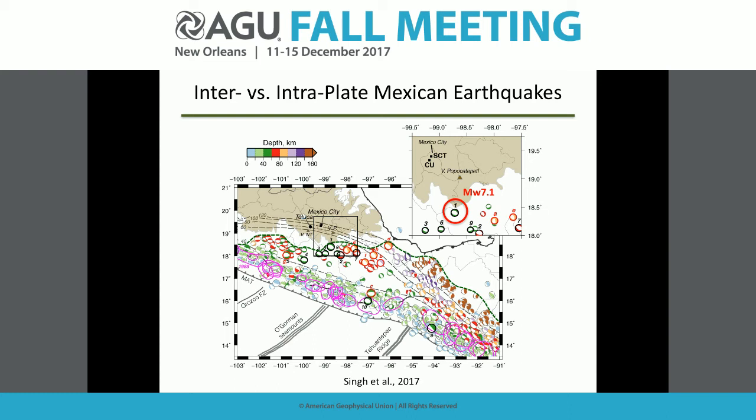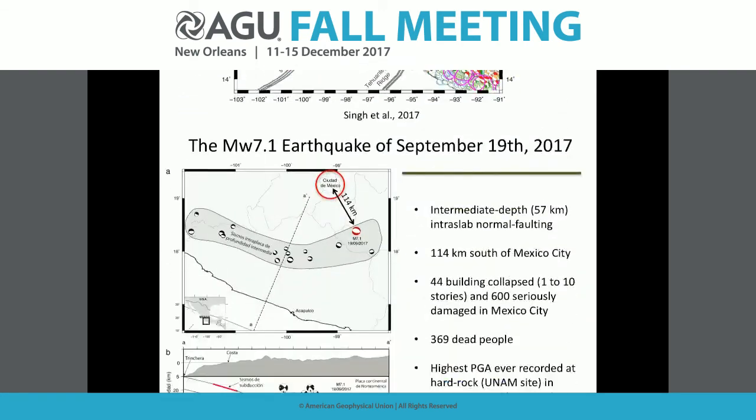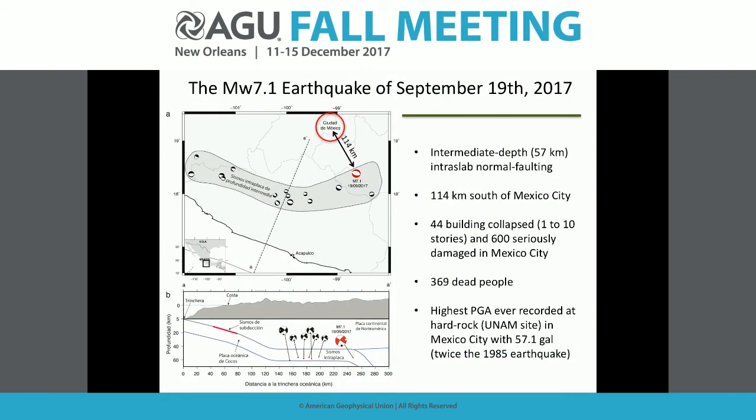So the earthquake that happened on September 19th occurred here, magnitude 7.1. We already saw some introductory ideas about it. I just want to point out something else.